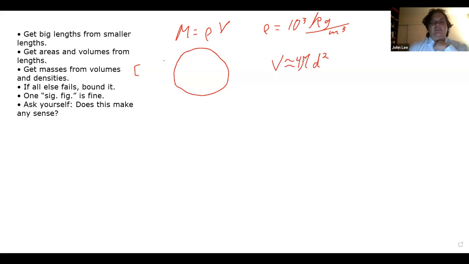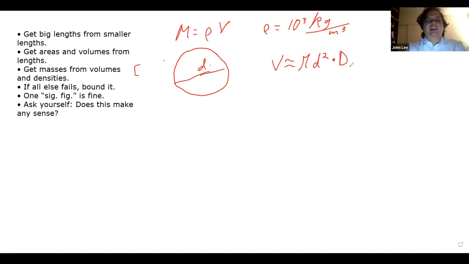It doesn't have the 4 in the textbook, but I'm just going to add this in, times the diameter, or oh yeah, it's just pi times the diameter squared, because this is the diameter, not the radius. That's going to be the surface area times the depth of the ocean.